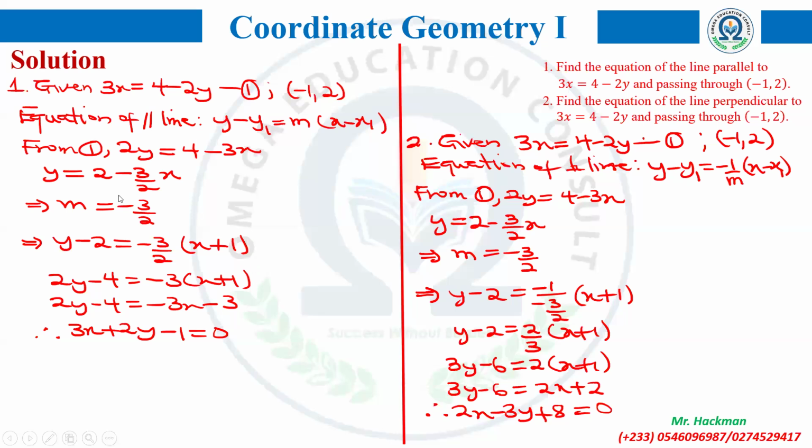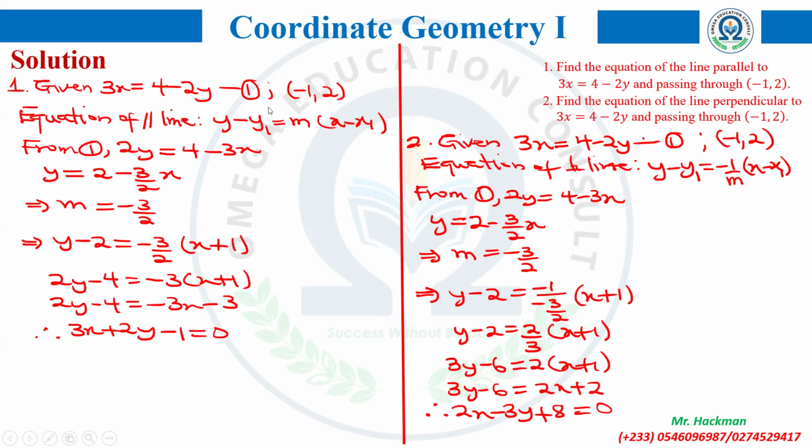So now, solution first, then question number 1. Questions are numbered, and this question is numbered. Then you go and extract the information. So you extract the equation of the given line. You know that you need a gradient from this equation, so meaning you have to work on this equation. So you call this equation 1. Then either comma, remember I said you can write "and", you can write semicolon.